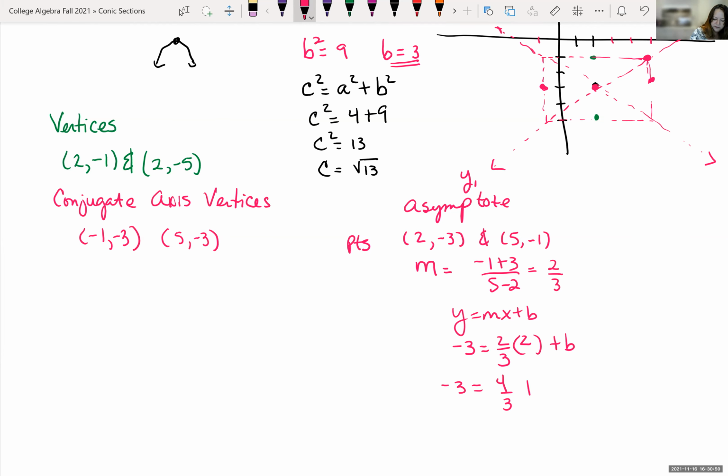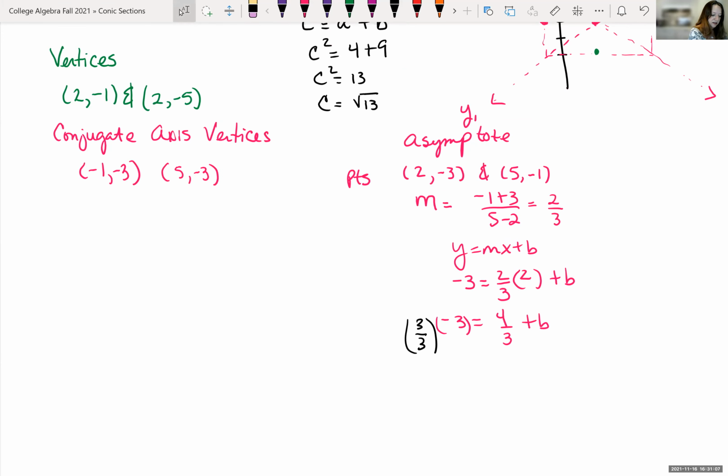So subtracting 4/3 from -9/3, b for the asymptote is -13/3. So our equation of one of the asymptotes is y equals 2/3 x minus 13/3. I'm going to call this y sub 1.